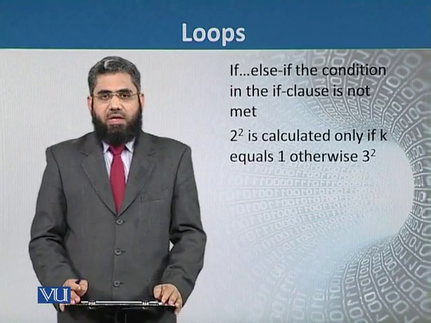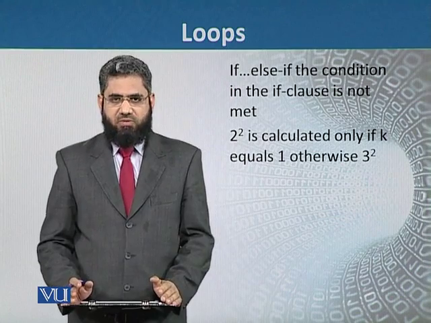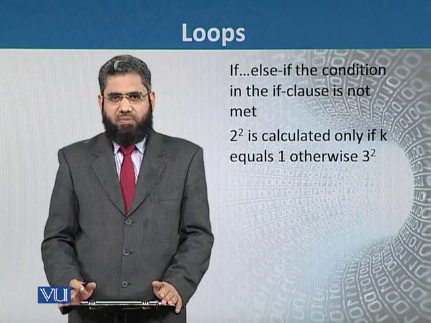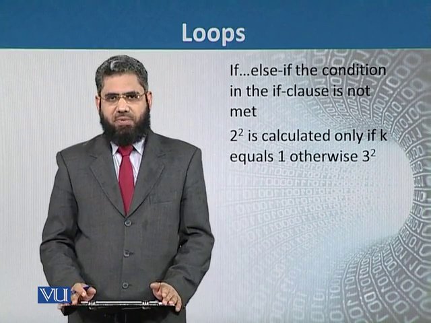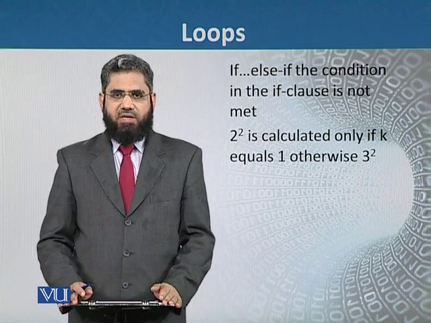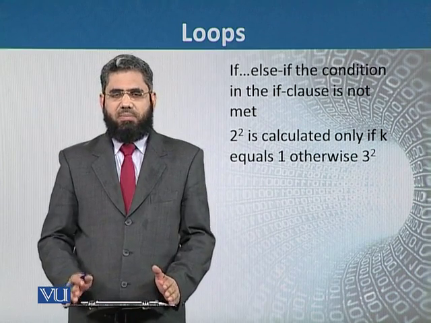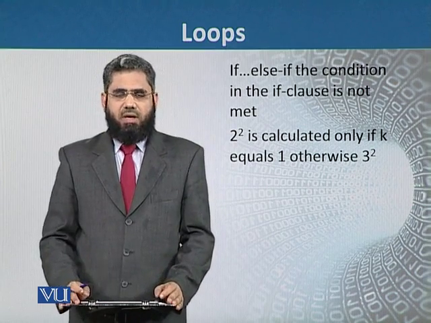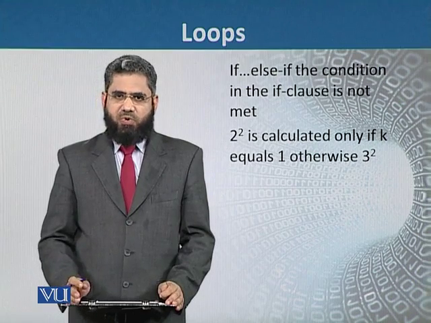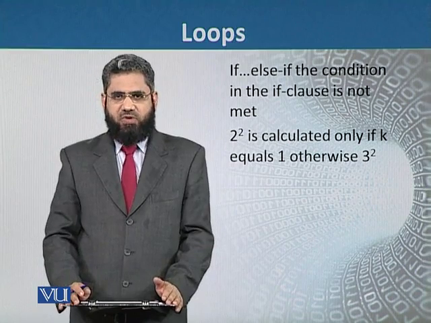And sometimes we need another type of execution. For example, we have seen the for loop and the if loop, and the third type is the if else loop. Sometimes we need a condition where if k is equal to 1, it should proceed further, and if k is not equal to 1, it should not proceed further.